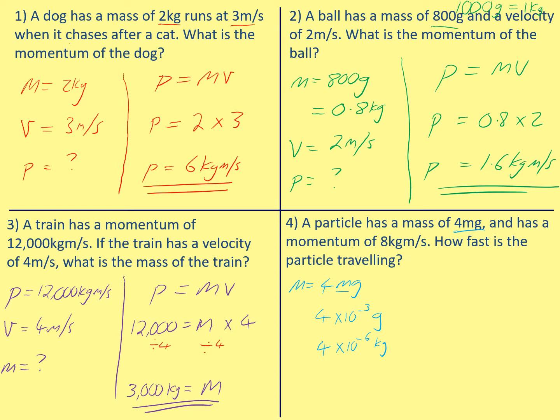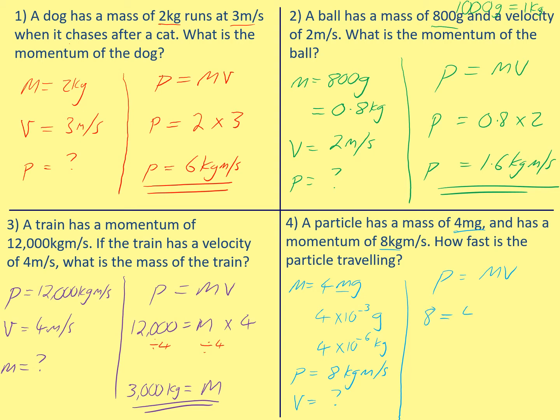It has a momentum of 8. Momentum of 8 kilograms meters per second. How fast is it traveling? Draw a line. Write the equation, P equals mv. The momentum is 8.